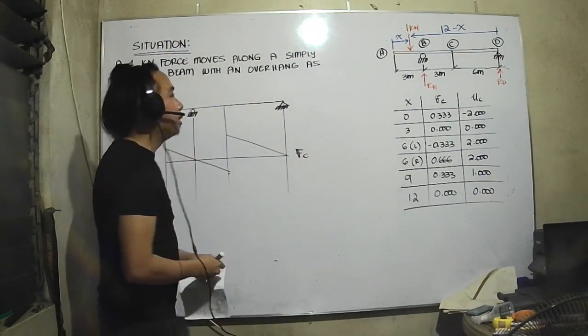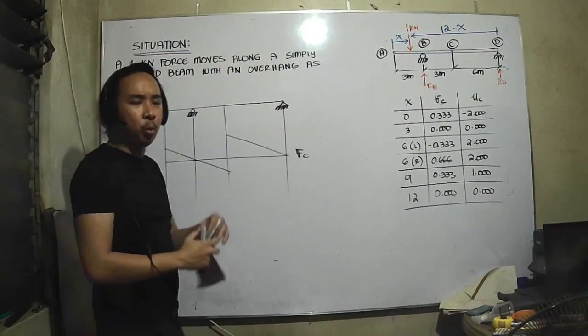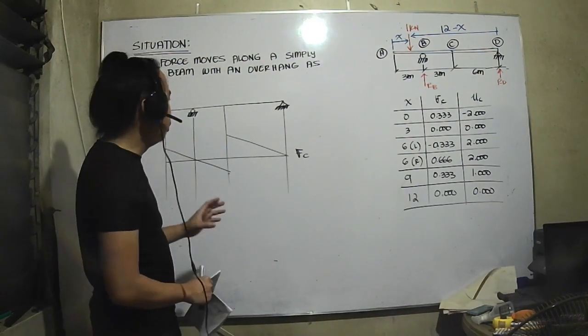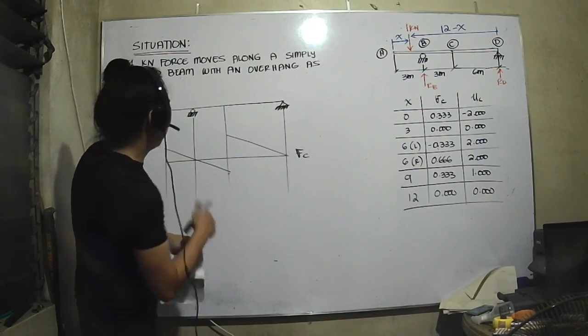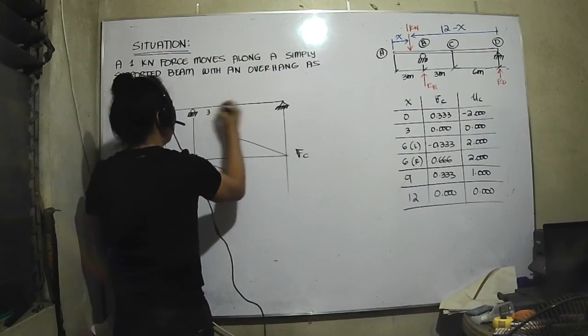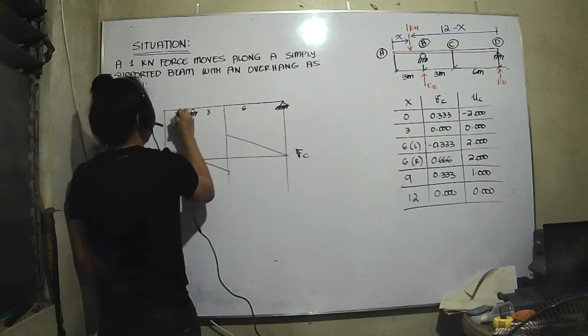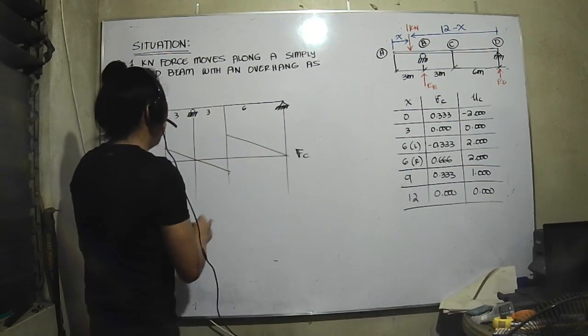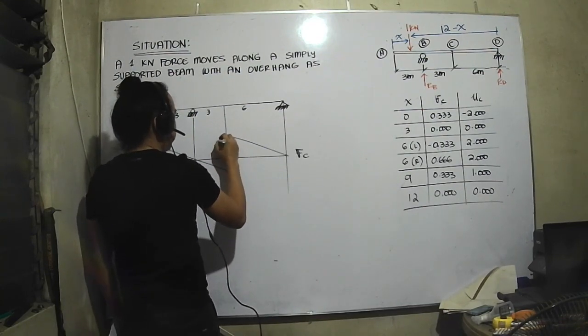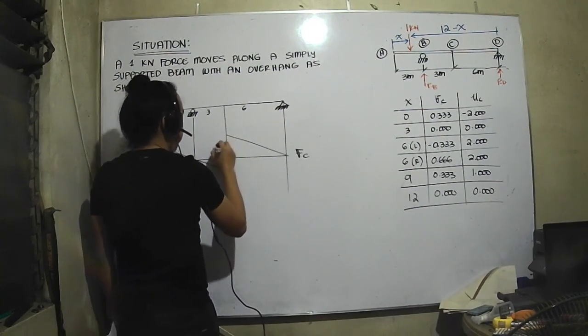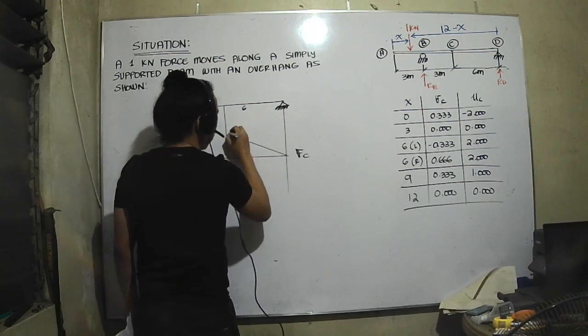Now, dapat 1 ang value ana niya. We have 3 meters here and this is 6 meters here and this is another 3 meters. Dapat 1 gyapon ni siya.